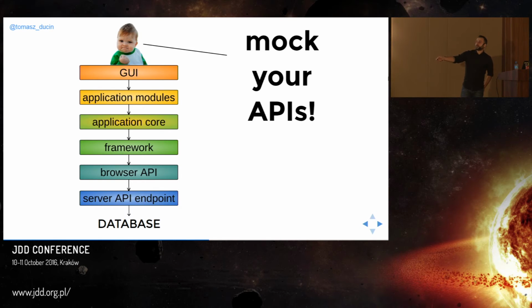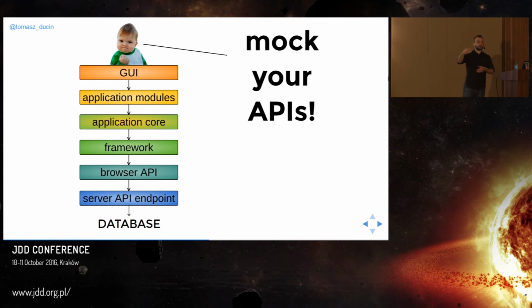There is the browser API, the JavaScript native implementation which we use from the browser. There is a framework or library like jQuery, Angular, React, whatever cool library your team is using. And we've got the application core, which is our code that is reused in many places, in many modules.